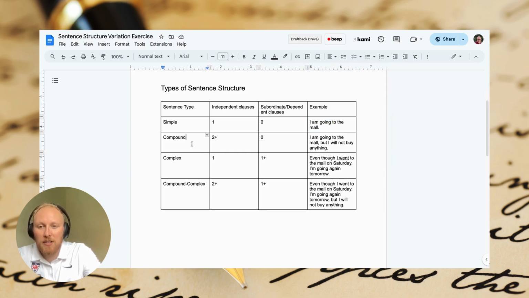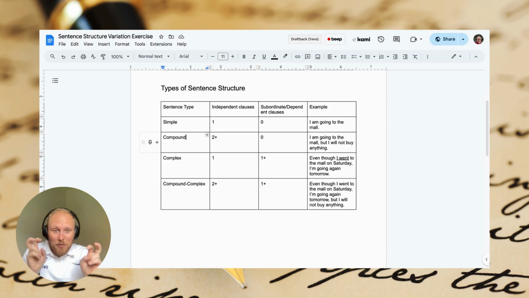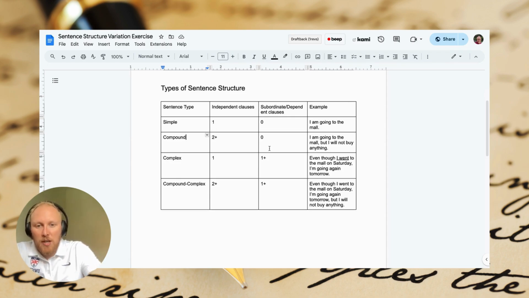Now, a compound sentence, you've probably heard in other contexts, even if you haven't really thought of it in number of clauses. A compound sentence combines two simple sentences using a coordinating conjunction: and, but, or, nor, yet, so. But really, what's happening is you're combining two independent clauses or more. You could have a compound sentence that has more than two independent clauses with a comma and coordinating conjunctions.